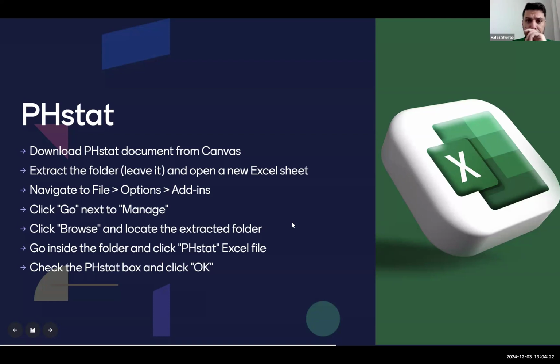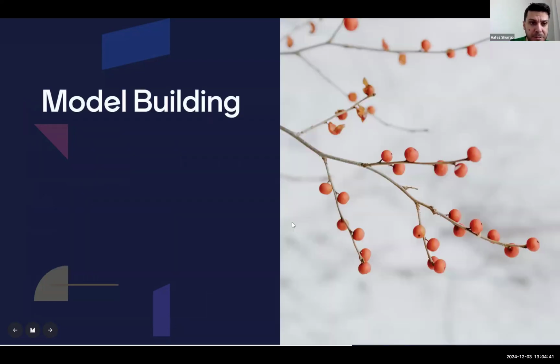Do you need to do this manually every single time, putting x1 and x2, and sometimes x1 alone, and comparing all these combinations together? This is what PHStat does. I did it many times using this, and that's called model building. This is a model building strategy.